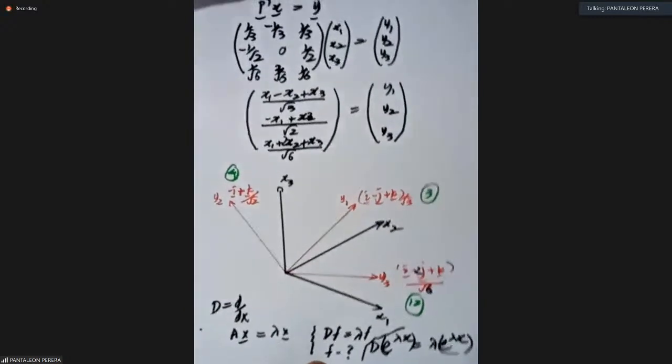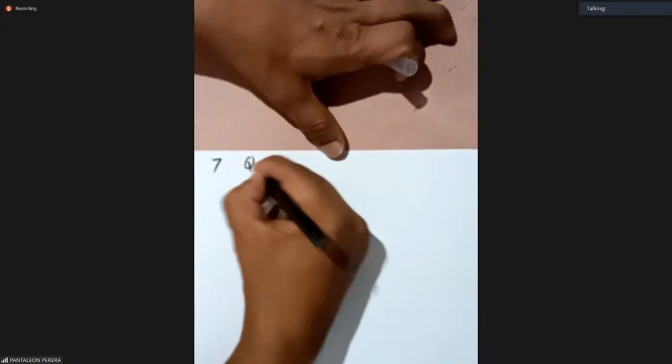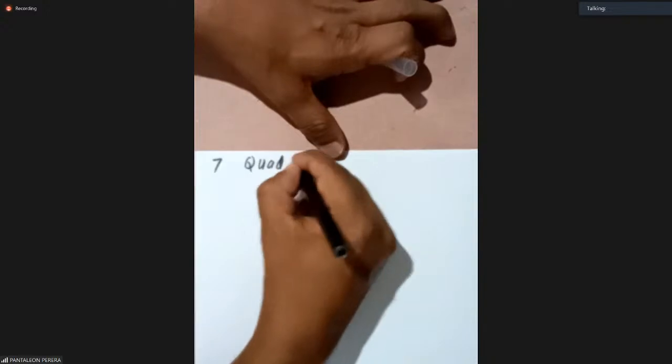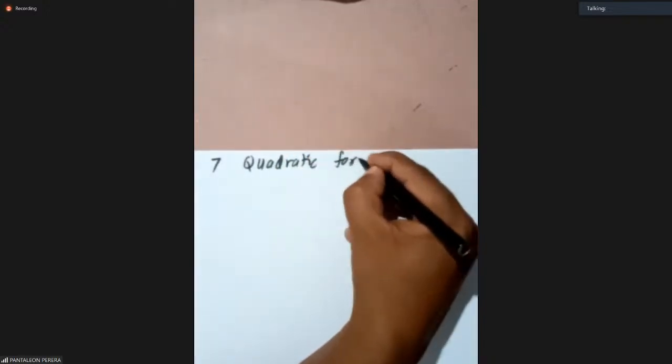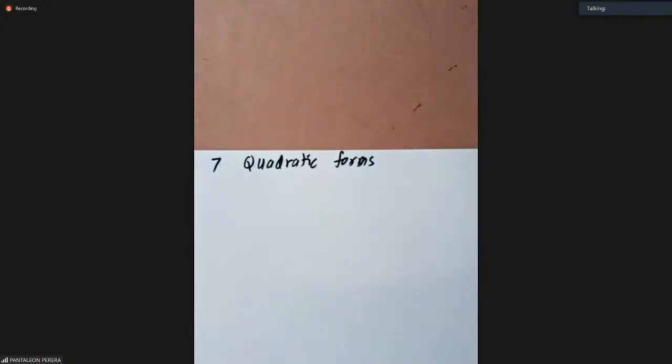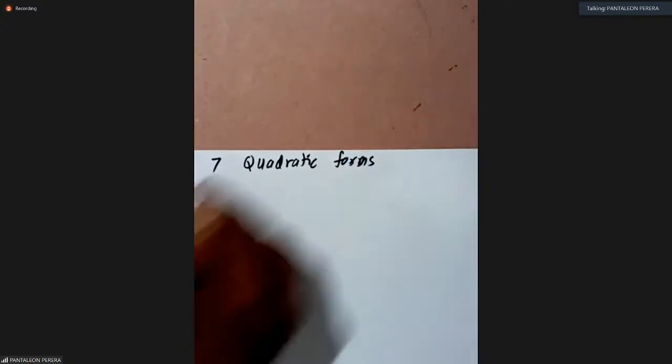Now we'll get into quadratic forms. Quadratic forms is something like this, right?